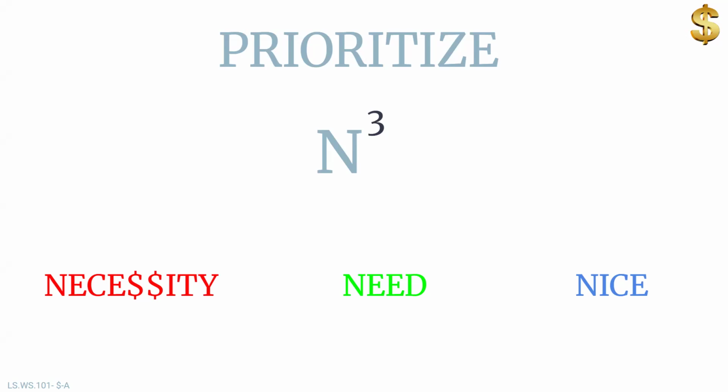If you pay mortgage, then a necessity is also going to be your house insurance. If you have cars, which most of us have, unless you live in a big city and take transportation, then that is a necessity, because you would also have car insurance. And so those things are necessities.